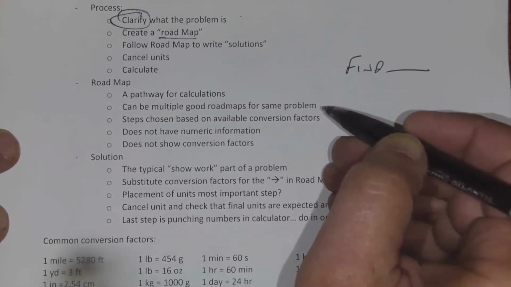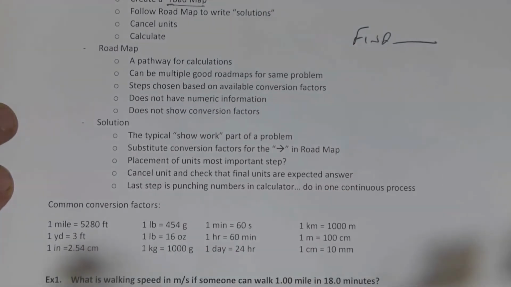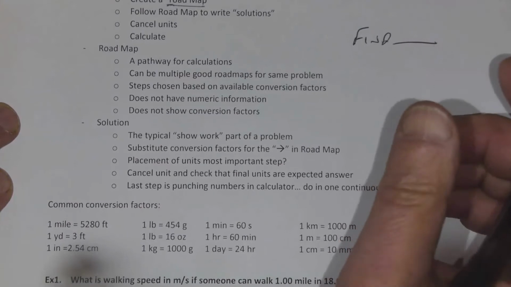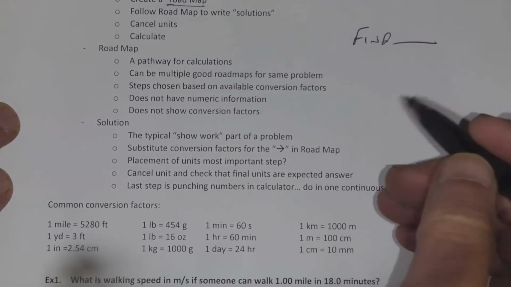Those roadmaps will differ depending on some stylistic stuff, especially if you're somebody who does a lot of calculations. You might have some favorite go-to conversion factors. But on an exam, you might have listed very specific conversion factors, and you are limited to those, and so a pathway that you might automatically do just isn't available to you.